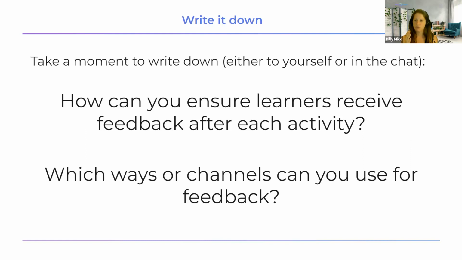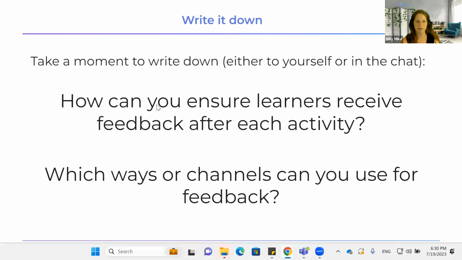So think of ways or channels that you can use for feedback. And again, make sure that it's realistic for you, because if a weekly meeting is not possible, that's fine. There are other ways to incorporate that. So let's take a moment again to share in the chat which ways could work for you.